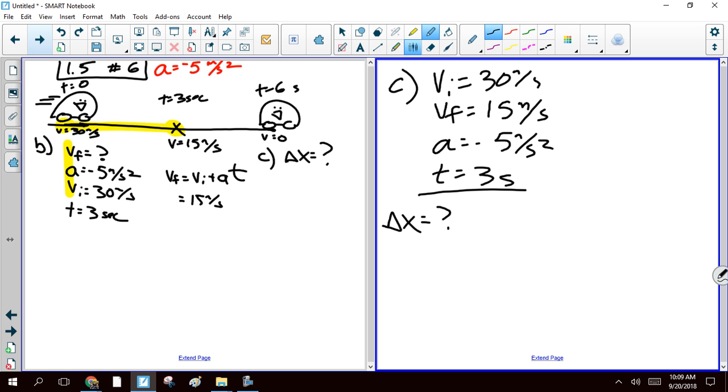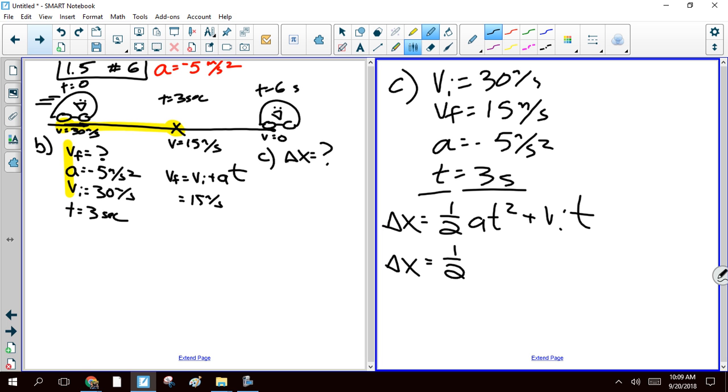At this point, you can use any of the 3 different ways from the video to find the displacement of an object that's accelerating. You can do half of the acceleration times time squared plus VI T. We know our A, our T, and our VI.